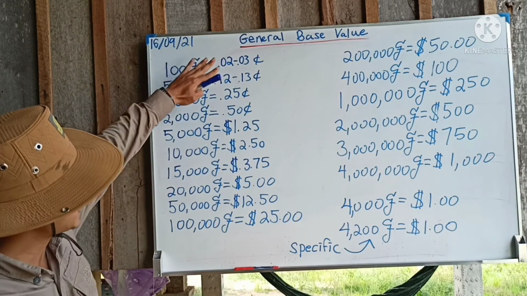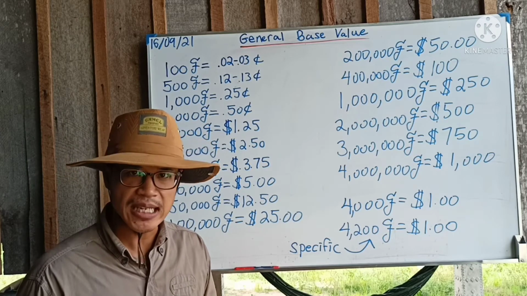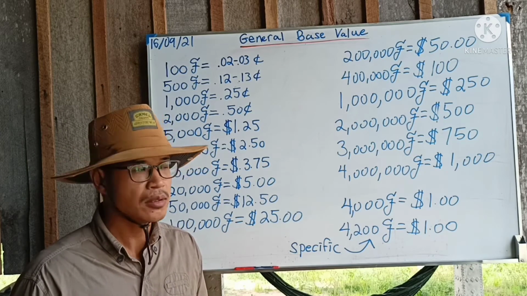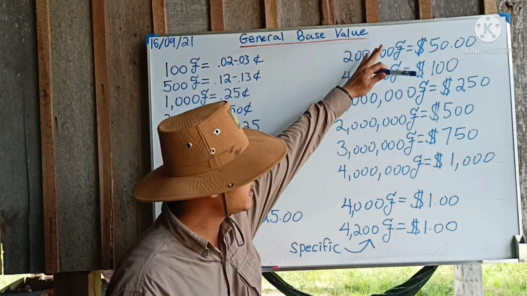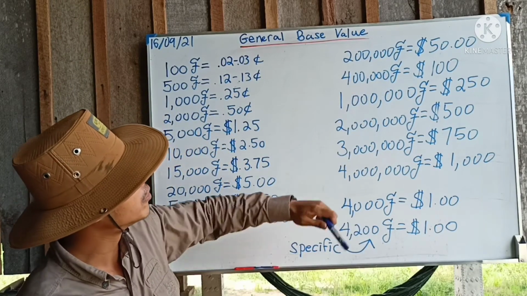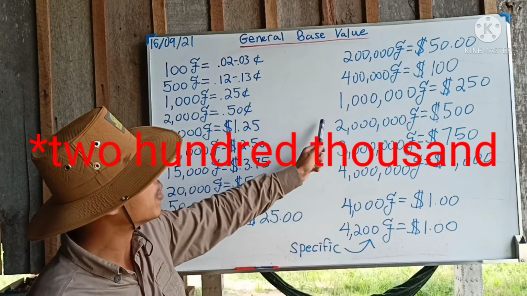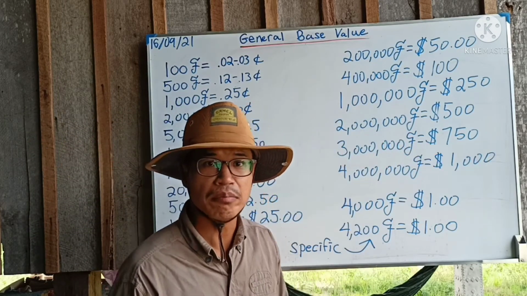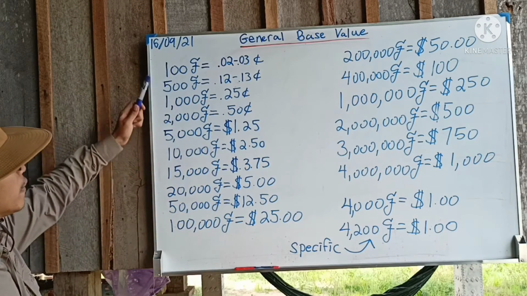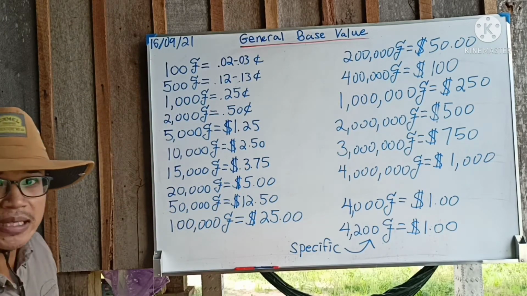On the left side here, that is the denominations of the Khmer real. These right here are not the denominations. We do not have a 20,000 real, nor do we have a 1 million Khmer real, but we do have the 100, 500, all the way to 100,000.